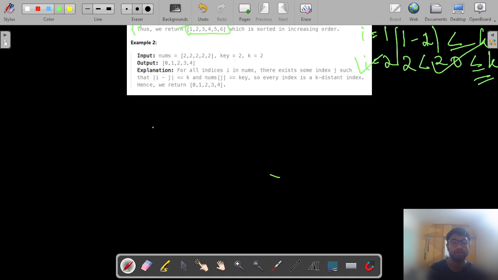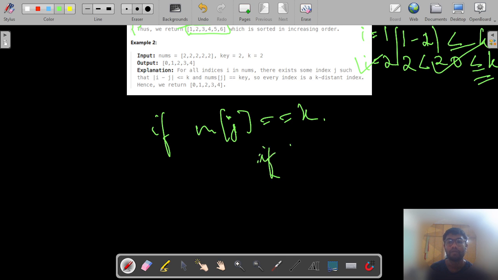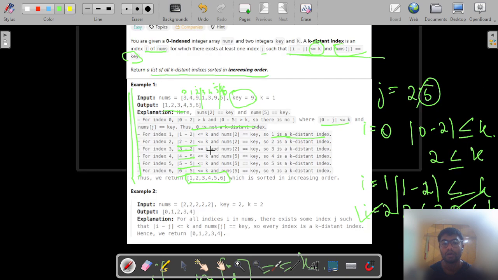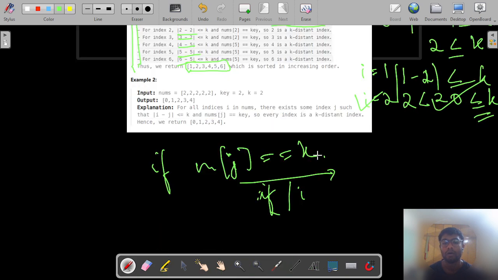So one is we need to say if nums of j is equal to key, then we need to iterate from the specific index, where i minus j should be less than or equal to k, right?